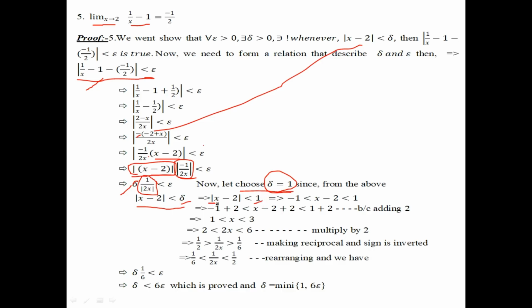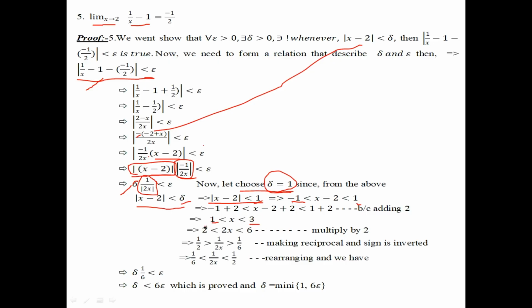So this is by the definition of absolute value. This means that x minus 2 is between minus 1 and 1. Solving this absolute value, finally we have x between 1 and 3.